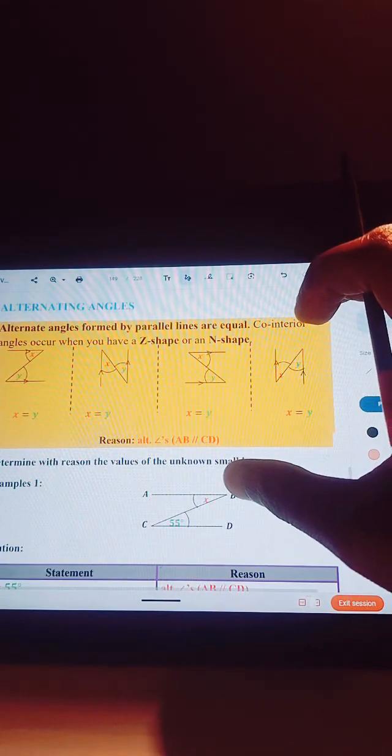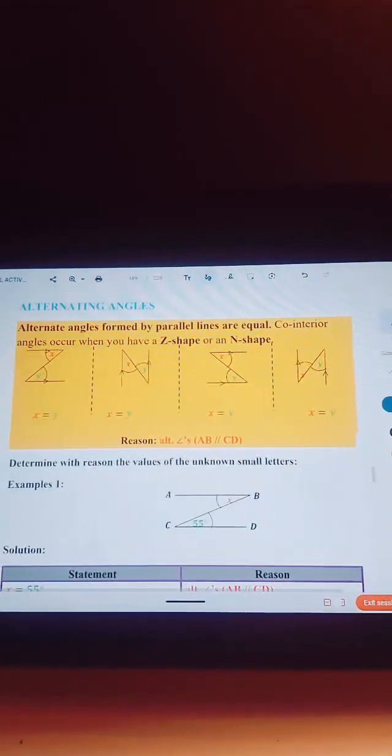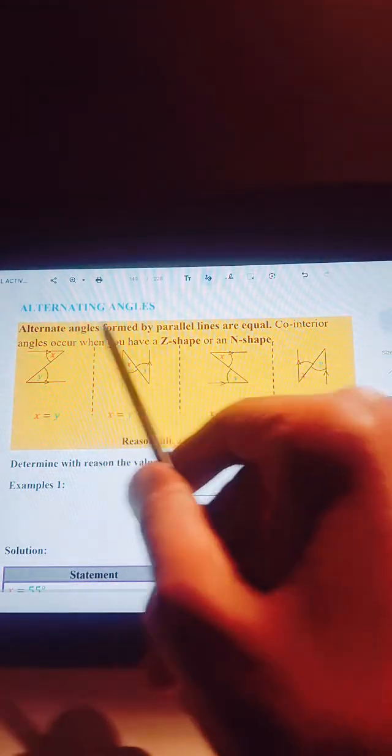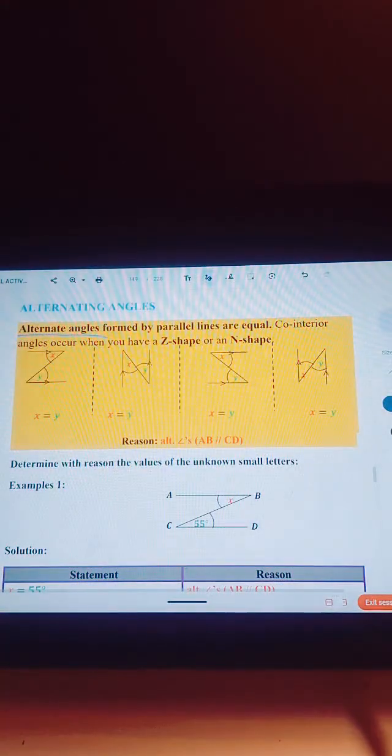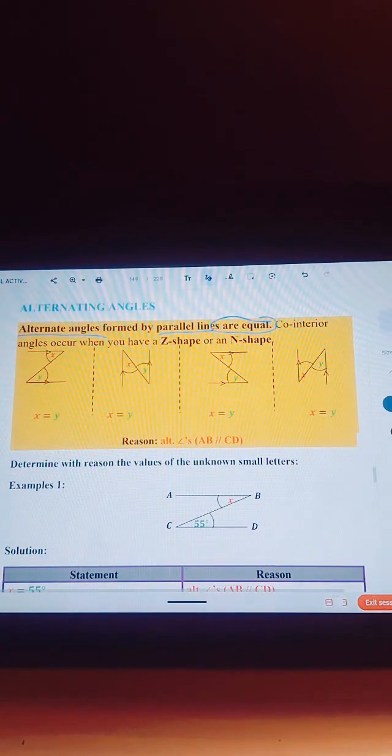Okay, alternate angles. Alternate angles formed by parallel lines are equal. So alternate angles are just Z-shape relationship angles. But whenever the lines are parallel, we say those alternate angles are equal.